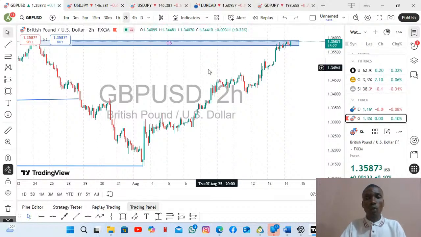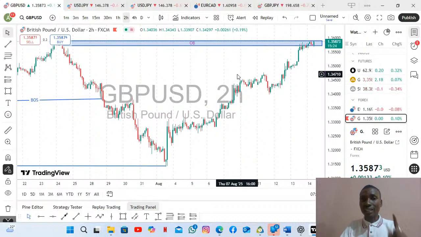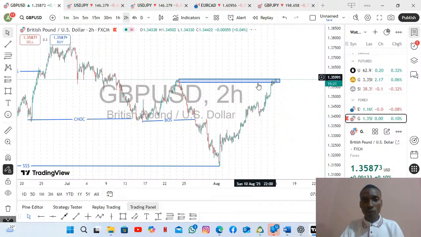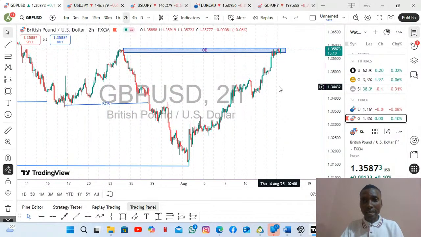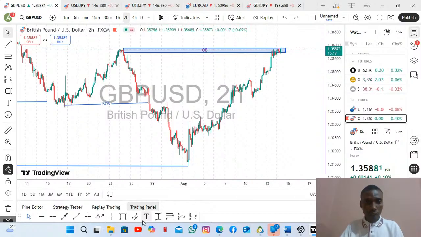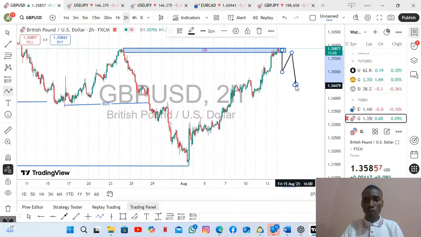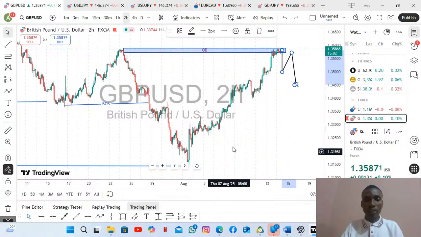We are going to wait and see the next move. And what is the next move we are expecting? We are expecting that price will react like this, retest, and it will come down. Then we will go short and take our target profit here.